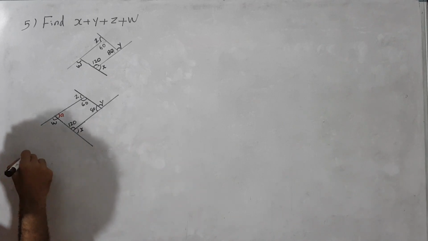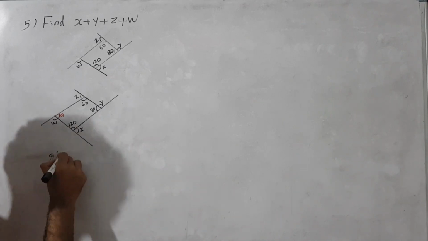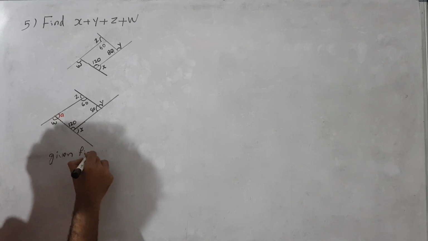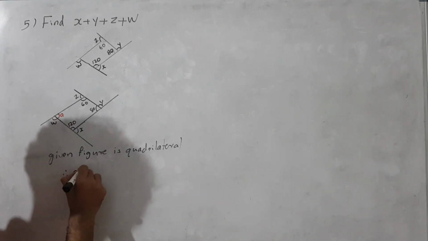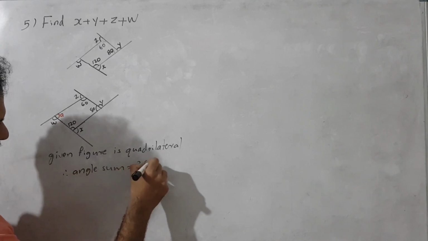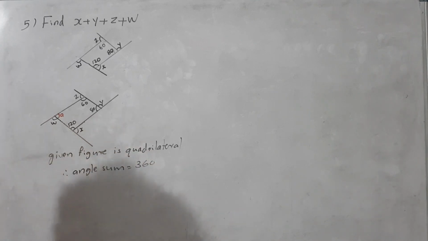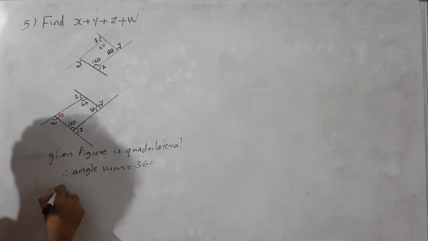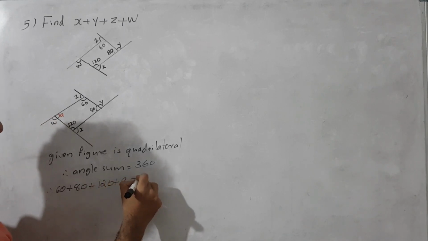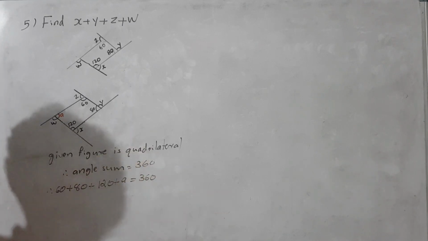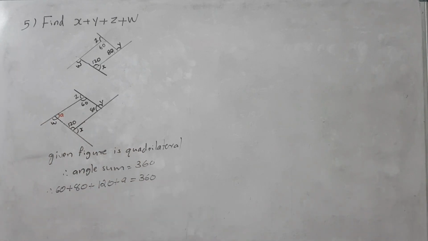Then we start as usual. The given figure is a quadrilateral. Therefore, angle sum is equal to 360. Then what are the angles? Therefore, 60 plus 80 plus 120 plus A is equal to 360. Correct?